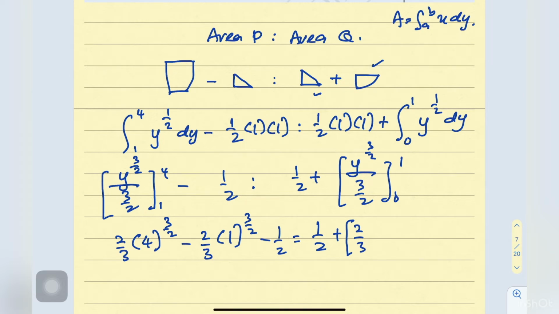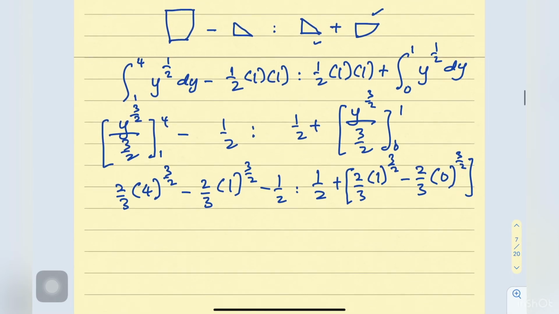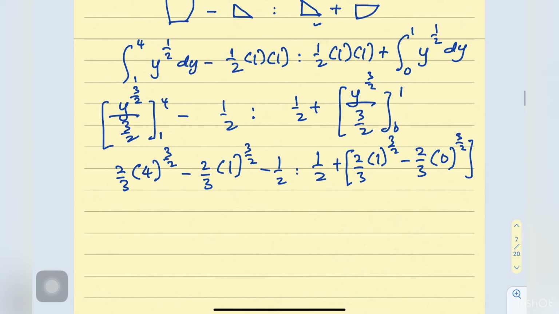Upper limit is 1 power of 3 over 2 minus 2 over 3. Lower is 0 power of 3 over 2. This one, we get 16 over 3 minus 2 over 3 minus 1 over 2.